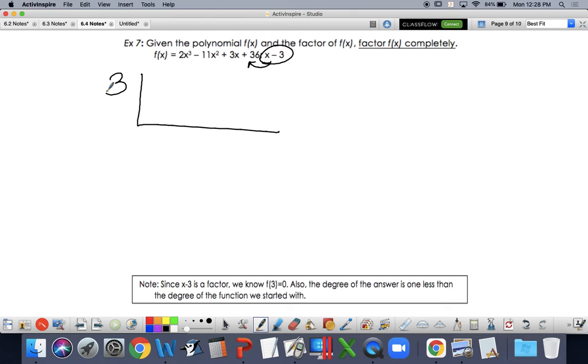Doesn't look like I'm missing any coefficients. Go ahead. 3 times 2 is 6. -15.